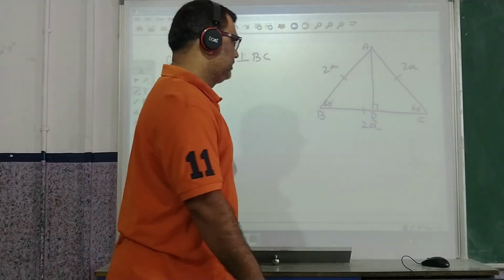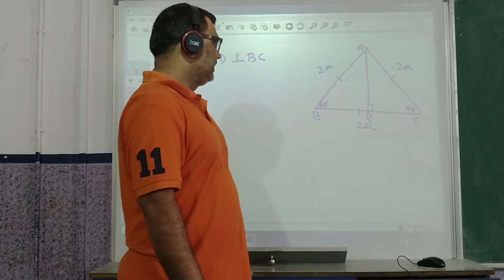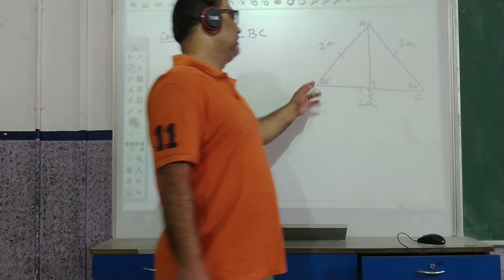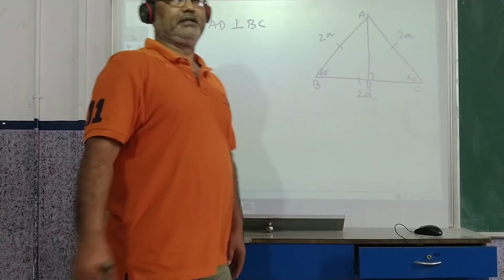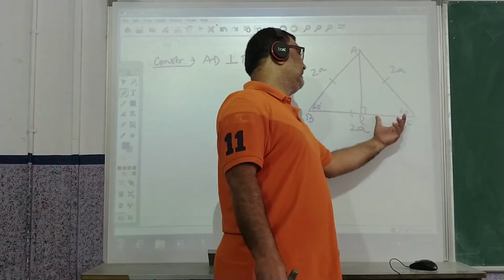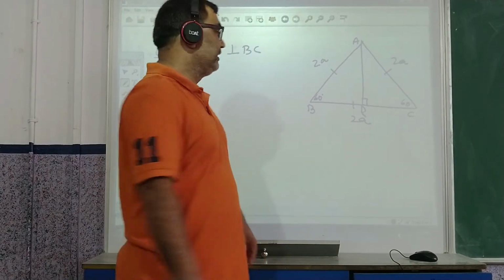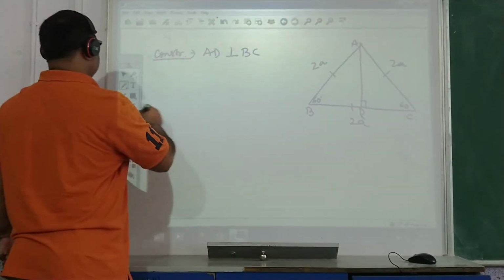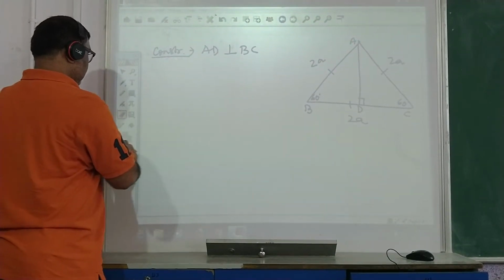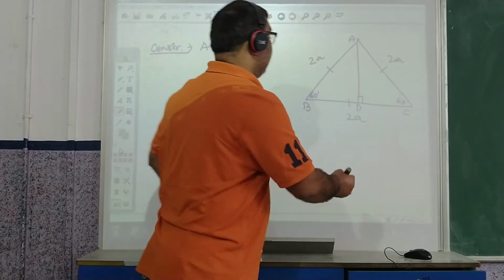I think you all know when a perpendicular is drawn in an equilateral triangle or an isosceles triangle, the base is bisected. Simply, the base is bisected, it means BD and DC are equal. Since the whole BC is 2A, therefore can I write BD as A and DC as A?